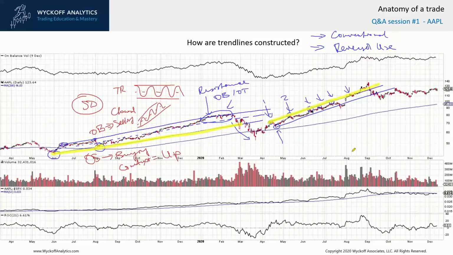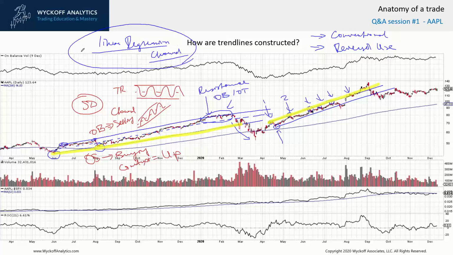Yeah, and I would definitely suggest using a linear regression channel. This is the most accurate depiction of the stride of the trend, and also deviations, standard deviations around that mean. So please check this out.